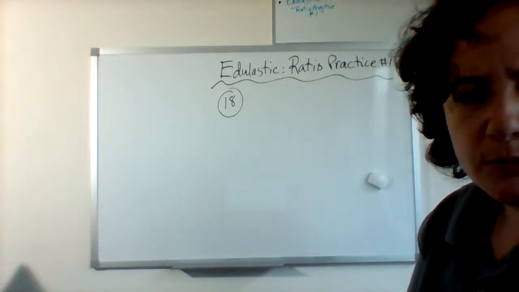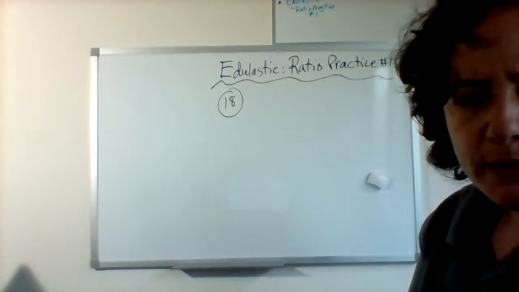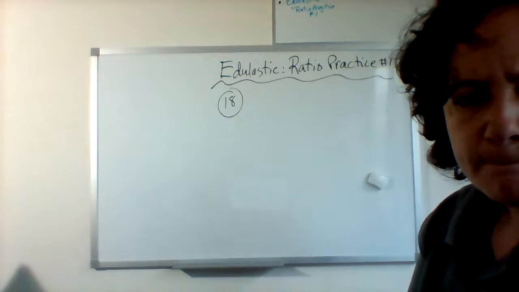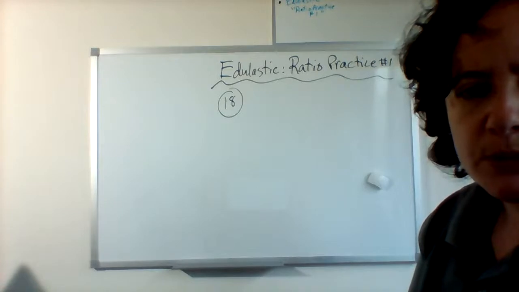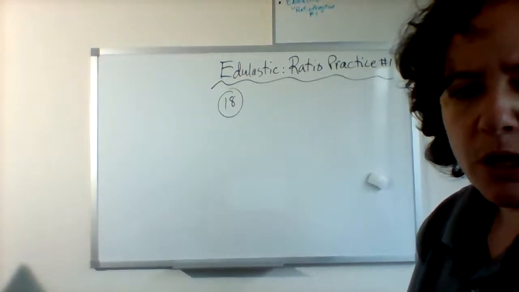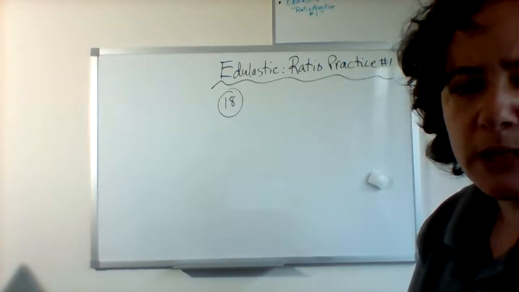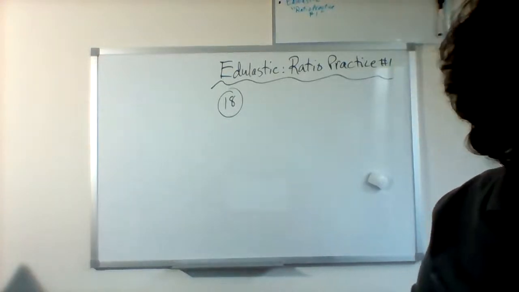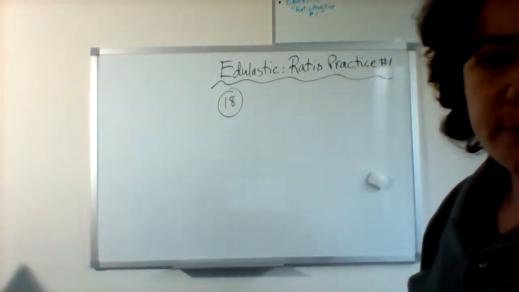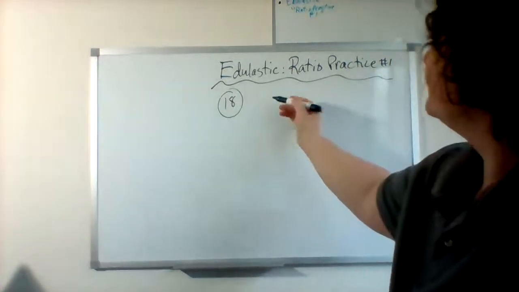How come they didn't give you cups and quarts? Oh, because they gave you cups to pints. So it looks like we're going to go from ounces to cups to pints to quarts to gallons. And I'll write that on the board for you so that you can keep track. Because it says from ounces to gallons.